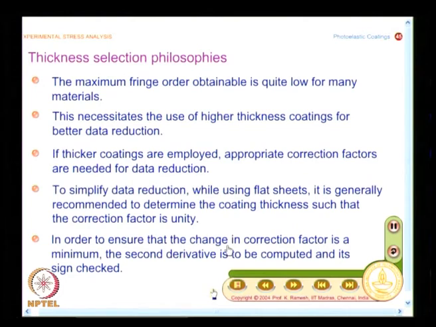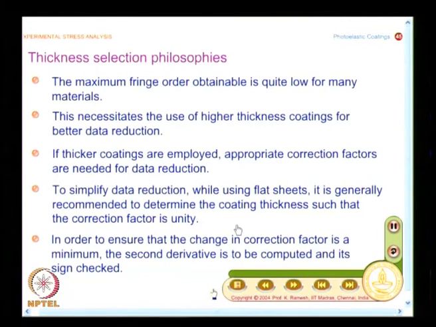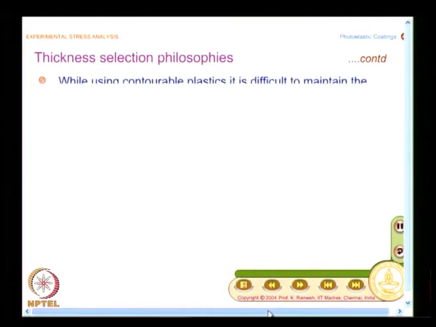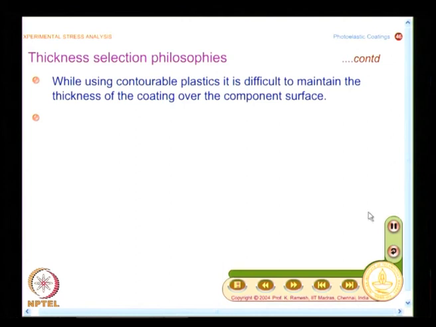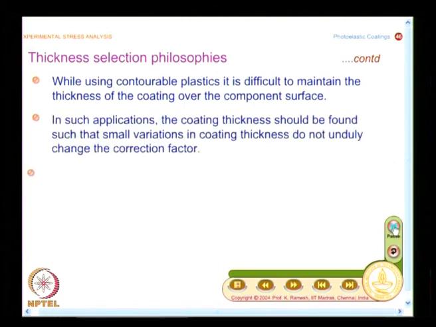You will not be in a position to maintain the thickness uniformly. So, you would like to have a correction factor not to change drastically because of small variation in thicknesses. And that is what is summarized here.